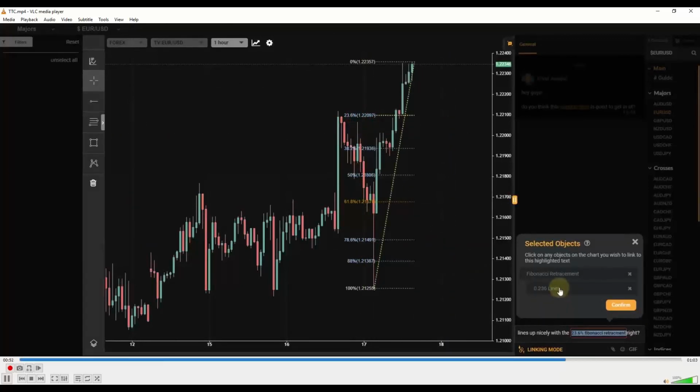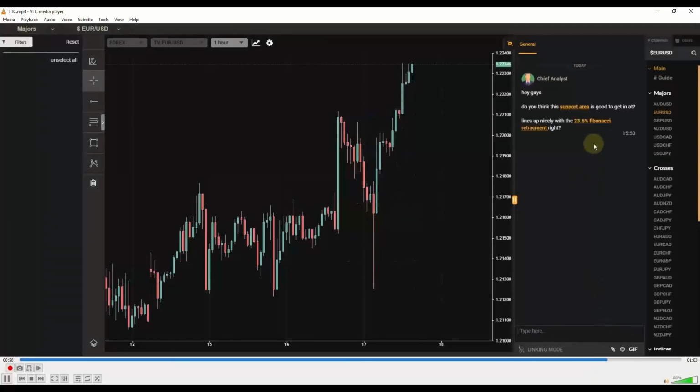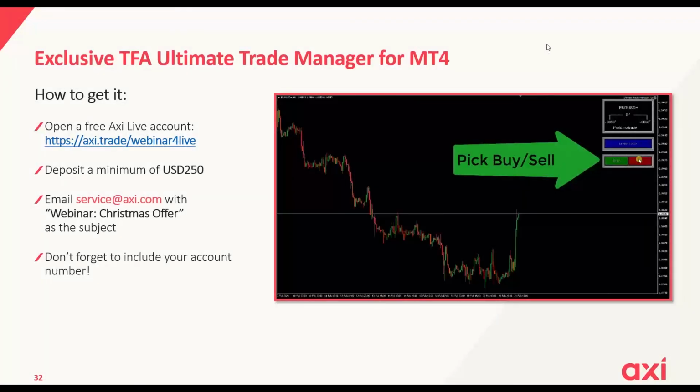You can see that it lights up when you hover over it. Click confirm, and you send the message through. So when we are discussing, it becomes very clear what support area and what retracement levels you are talking about. This will be the next phase of the live trading sessions.